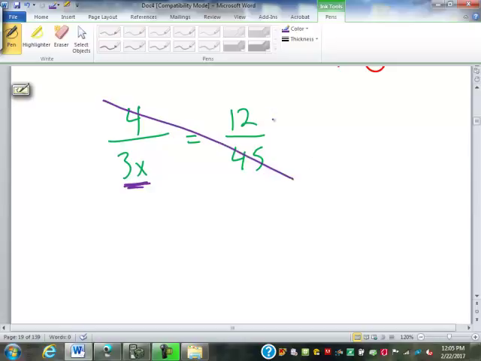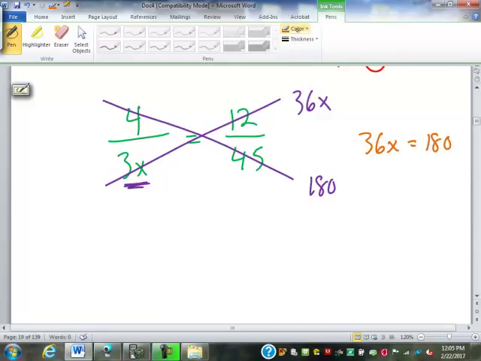So on this diagonal, we have 4 times 45, which is 180. On this diagonal, 3x times 12 is 36x. So we get the equation 36x must equal 180. If we divide by 36, we get x equals 5.